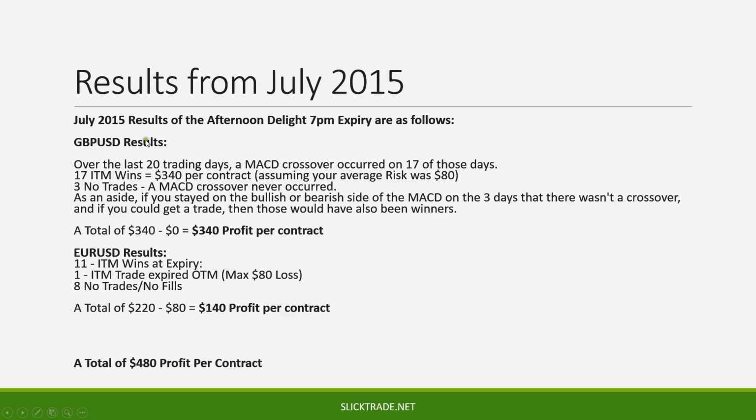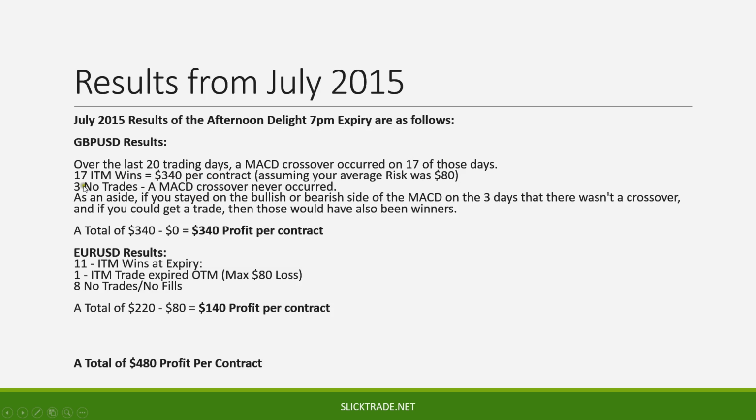Now these results back from July 2015 were over a 20 trading day period. The MACD crossover occurred on 17 of those days. 17 in the money wins for $340 per contract if your risk was 80.